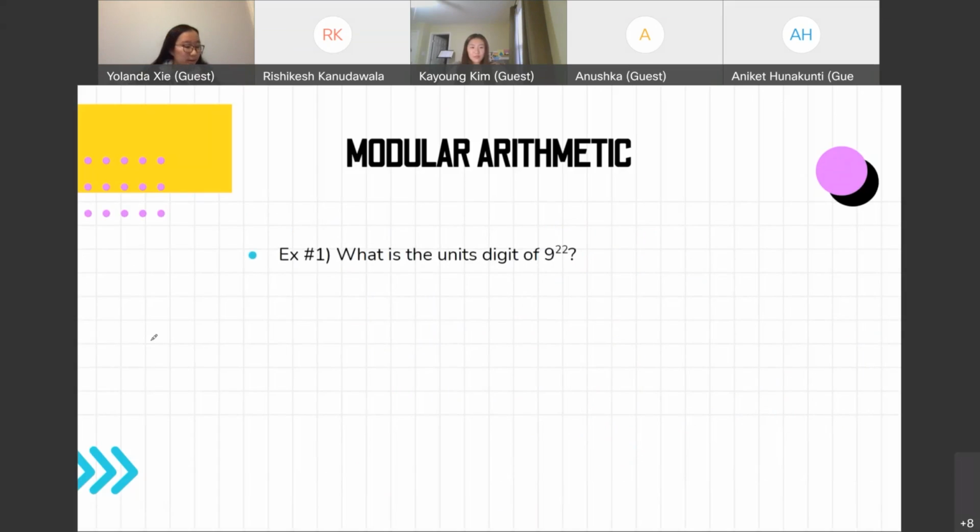So let's find the pattern and then we'll see if you can figure out the answer once we've found it. 9 to the first power is 9. 9 to the second power is 81, so the units digit is 1. 9 to the third power is 729, and so the units digit is again 9. Next is 6561. Does anyone notice the pattern here?